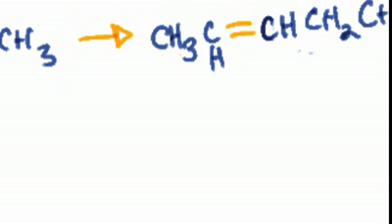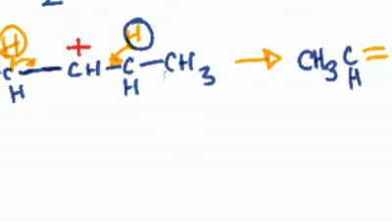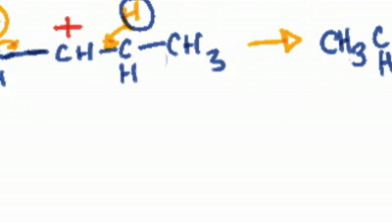Now, just for completeness' sake, I'm going to show you that you get the exact same thing. If I pull away this hydrogen, you would be left with a double bond there, and you would still have one carbon in front of the double bond, then the 2 carbons of the double bond, and then 2 carbons trailing, just like I have right here.